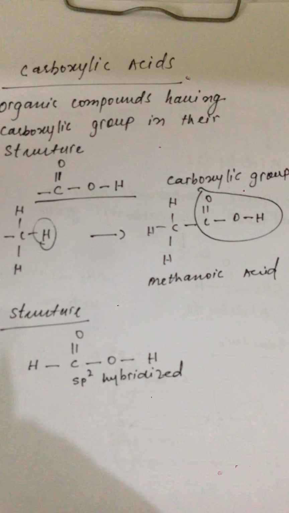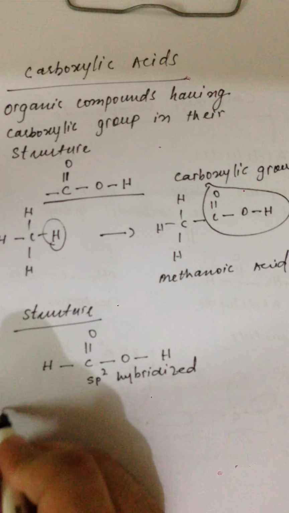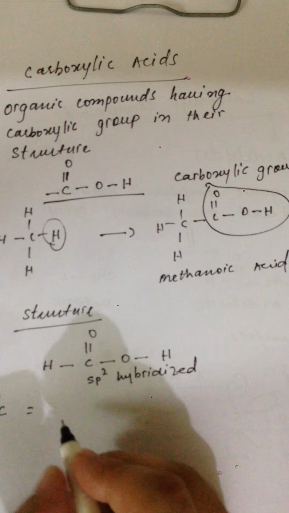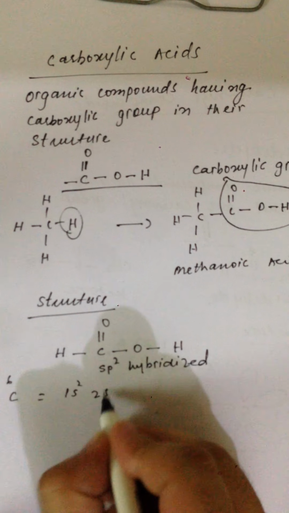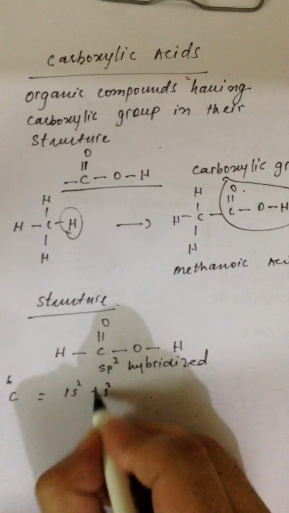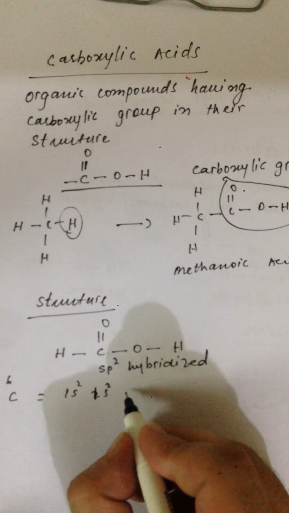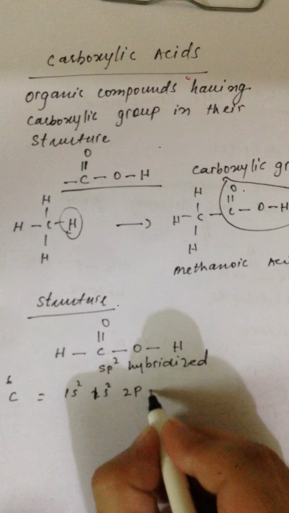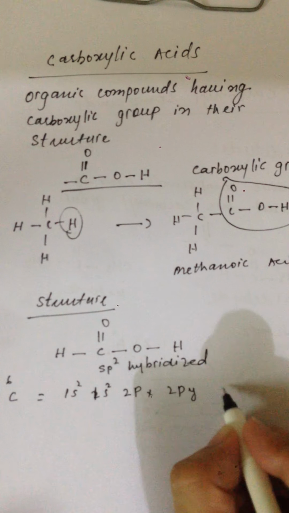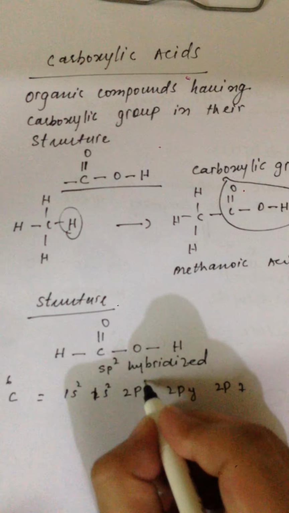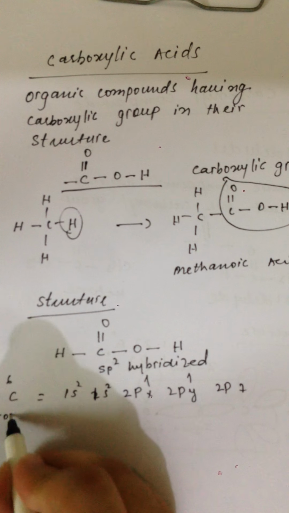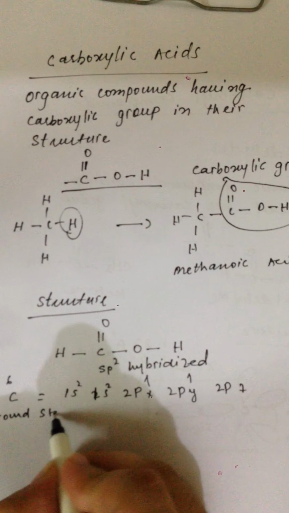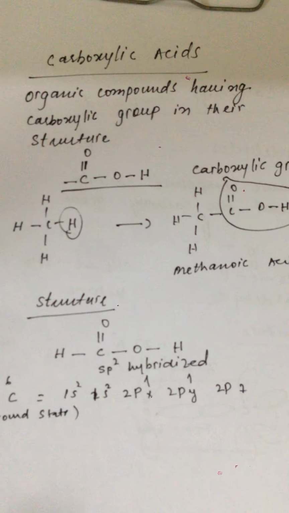Now what is an sp2 hybridized orbital? You already know that carbon atom has got 6 electrons, so they can be arranged like this. This is the electronic configuration of ground state carbon atom.